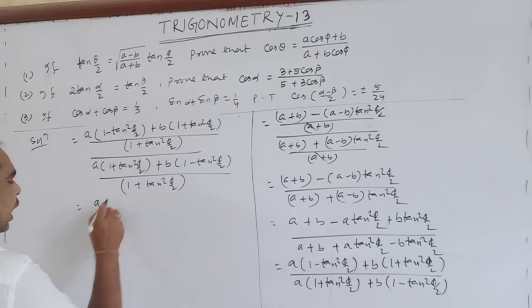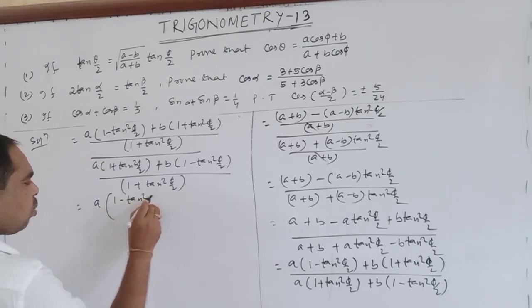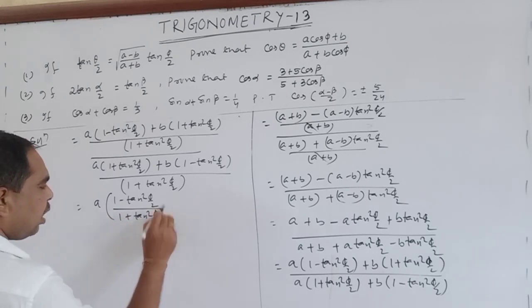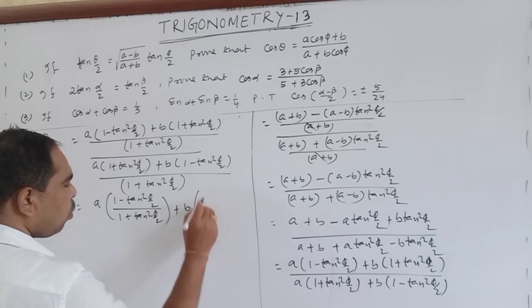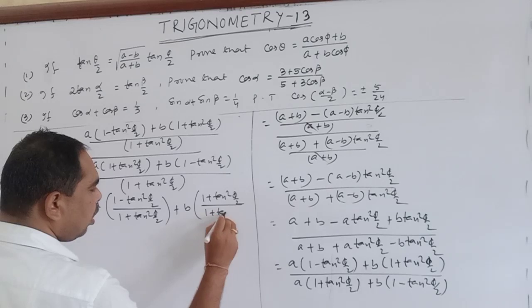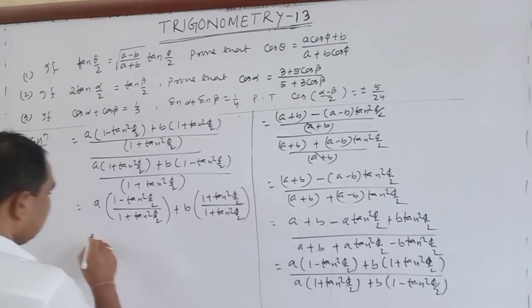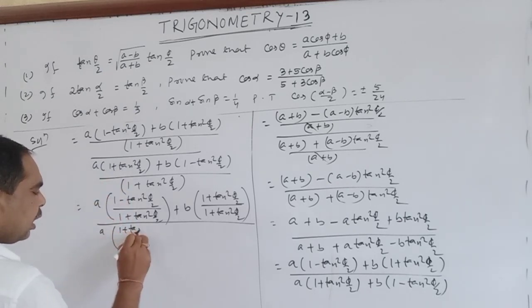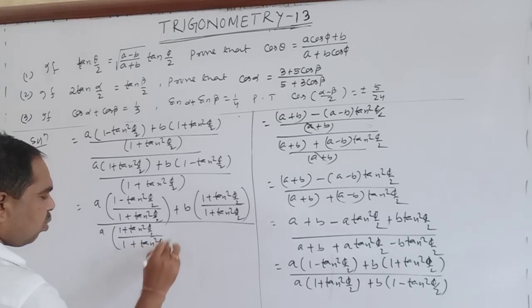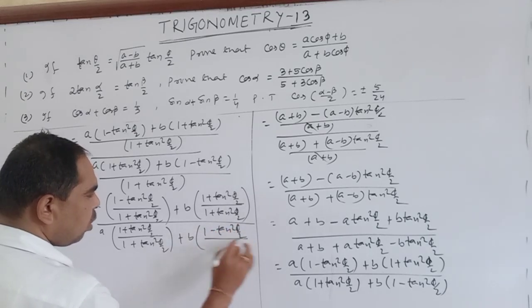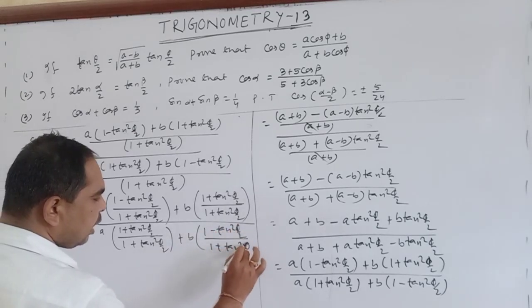This is a into (1 minus tan square 5 by 2) by (1 plus tan square 5 by 2) plus b into (1 plus tan square 5 by 2) by (1 plus tan square 5 by 2), whole divided by a into (1 plus tan square 5 by 2) by (1 plus tan square 5 by 2) plus b into (1 minus tan square 5 by 2) by (1 plus tan square 5 by 2).